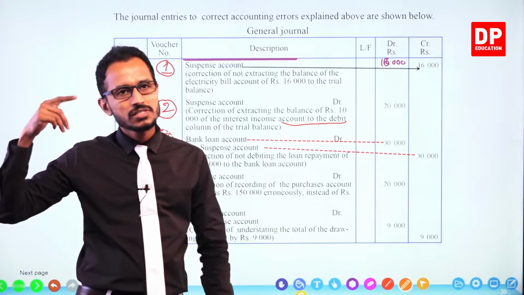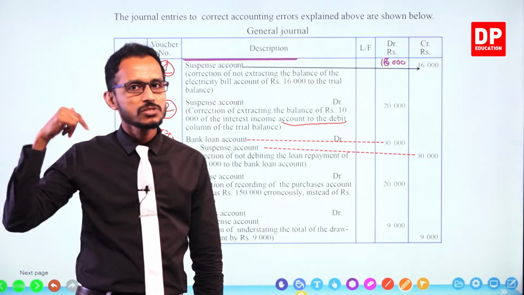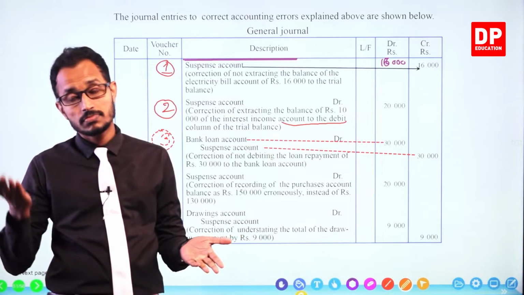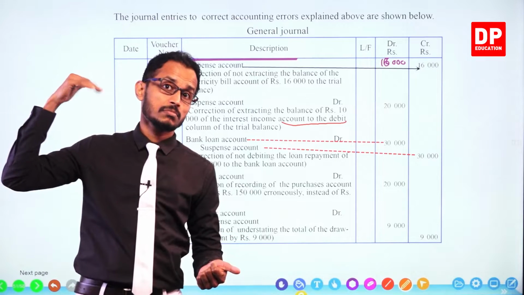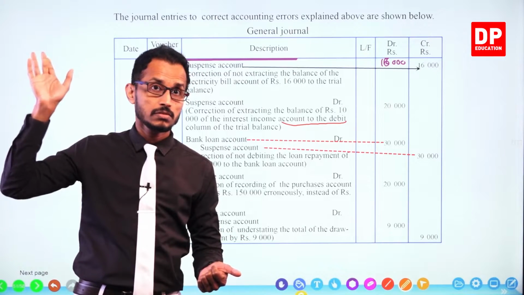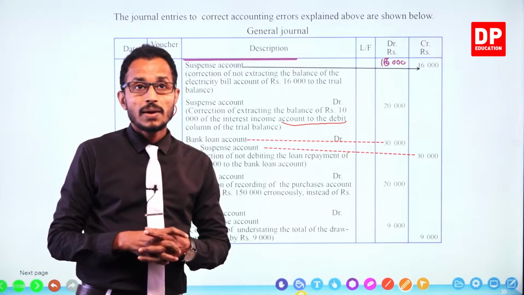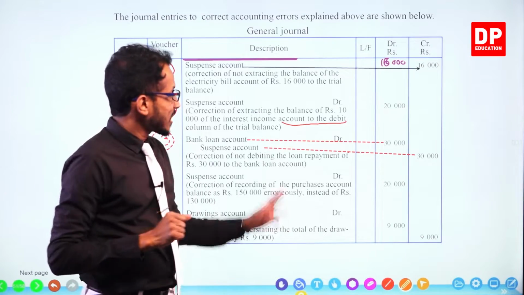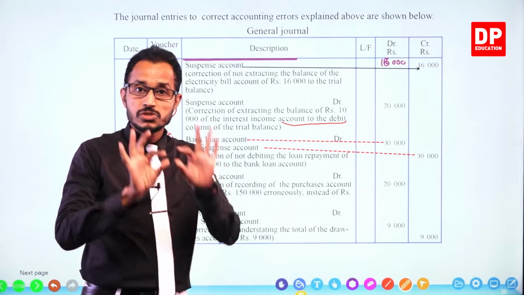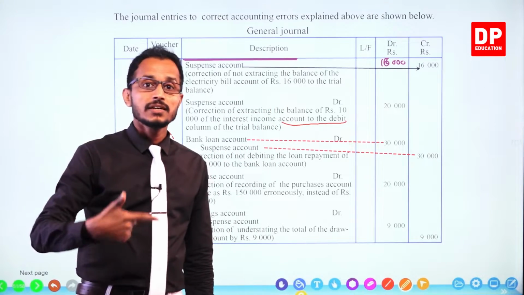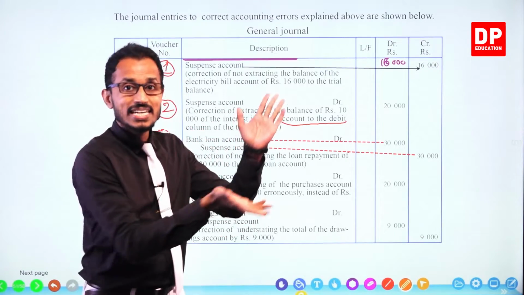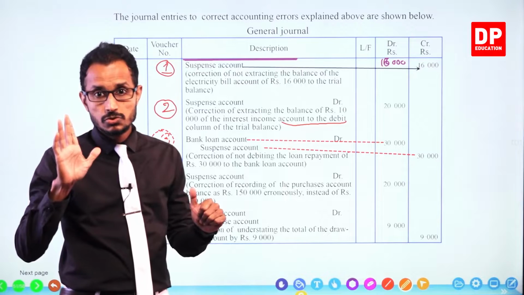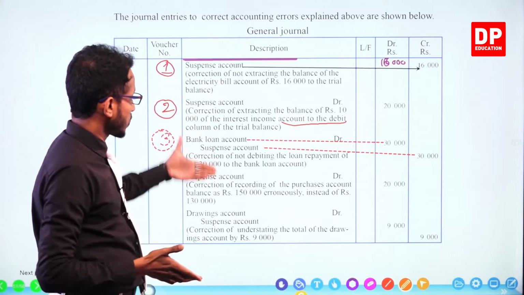There have been questions in past papers to prepare the corrected trial balance some years back, but in recent years they have not asked. They just ask you to write the journal entries to correct the errors.